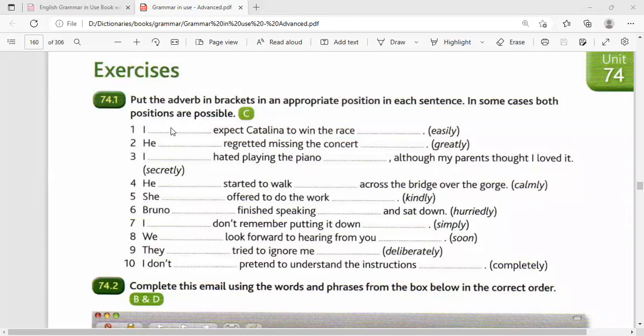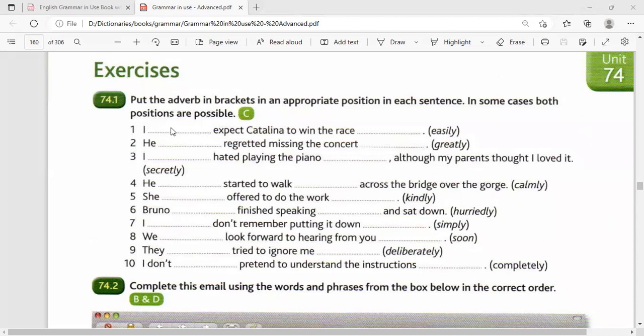Okay. Number 3. It will be I secretly hated playing the piano. Yes. So I secretly hated playing the piano. Why, Hannah?